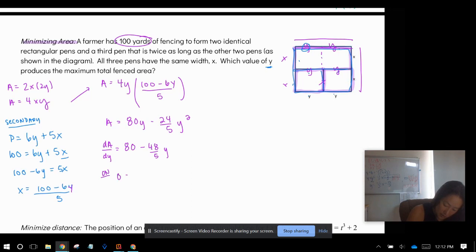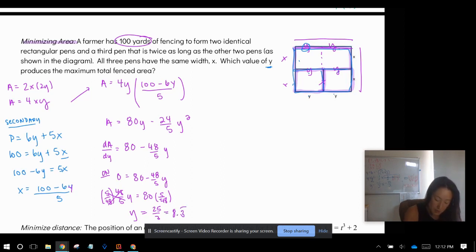So when the derivative is equal to 0, 48 over 5 y is equal to 80, reciprocal, so 5 over 48, and I get y is equal to 25 over 3, which is exactly equal to 8.3 bar.